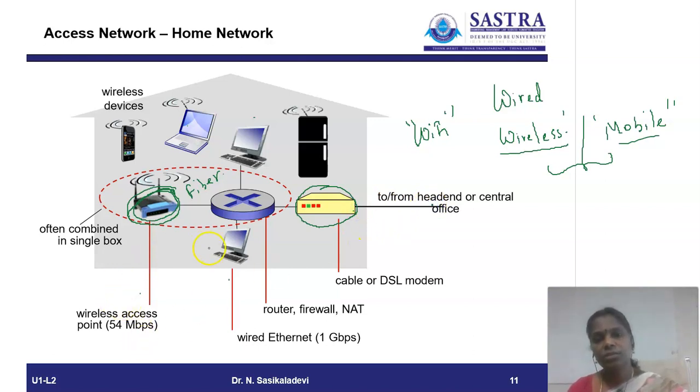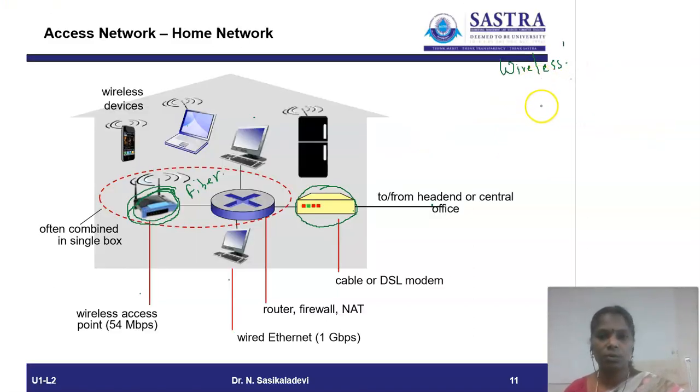This type of network is one of the latest. This is known as FTTH, fiber to the home. Directly the fiber cable is available, so the modem connects with the router, and the router connects with the access point.